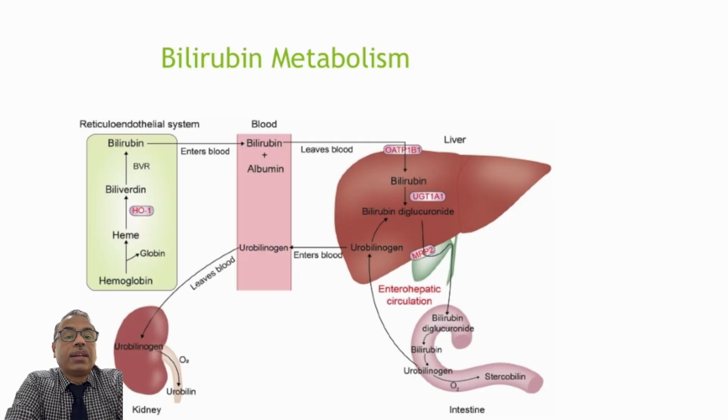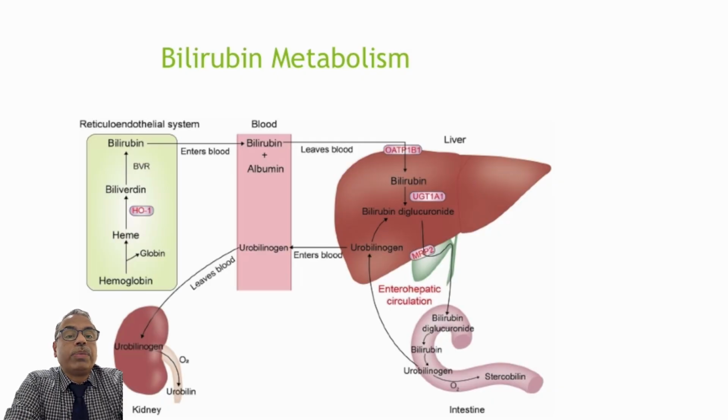In the liver, this undergoes what we know as conjugation with glucuronic acid, and this conjugation is facilitated by an enzyme, uridine glucuronyl transferase, and this enzyme helps in formation of bilirubin diglucuronide. So the bilirubin gets conjugated with glucuronic acid with the help of this enzyme, and the end product is bilirubin diglucuronide.